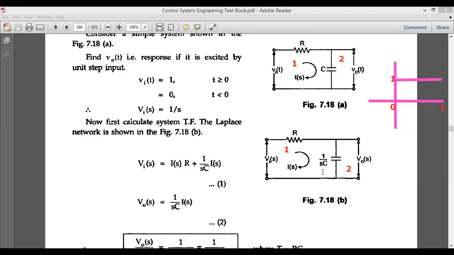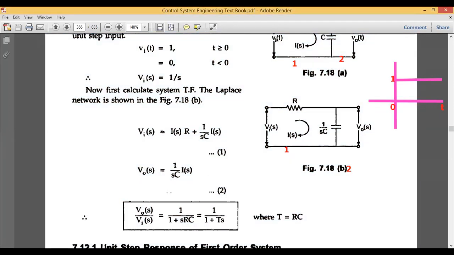Now write it in terms of the transfer function: V naught of s divided by Vi of s. First you need to equate these two equations in terms of current, which gives R plus 1 divided by sC.